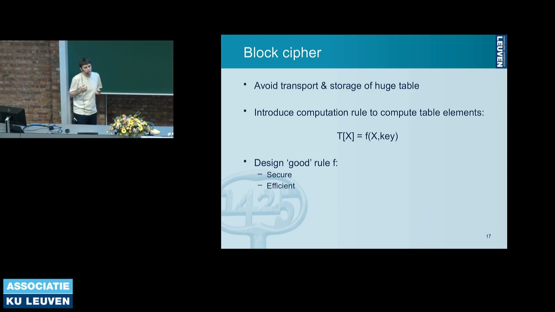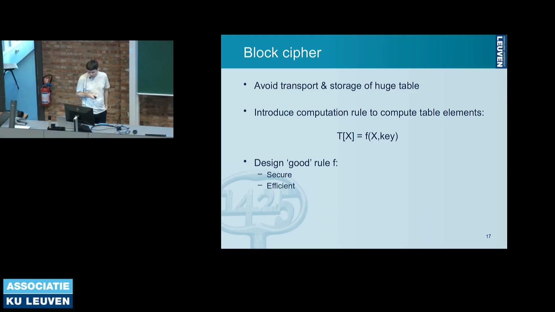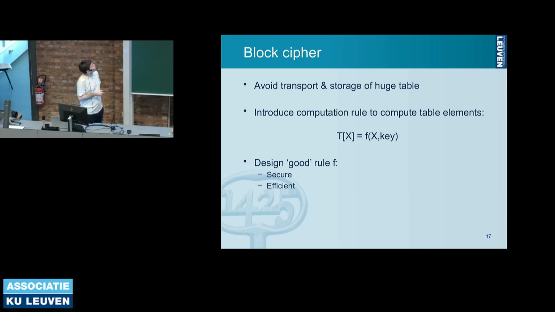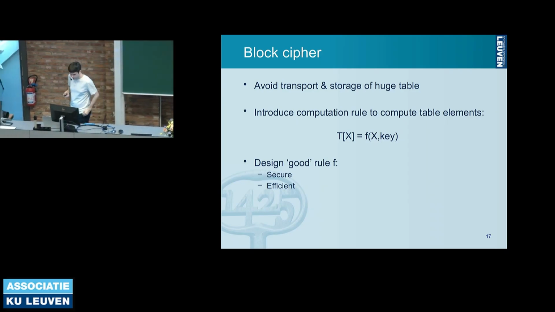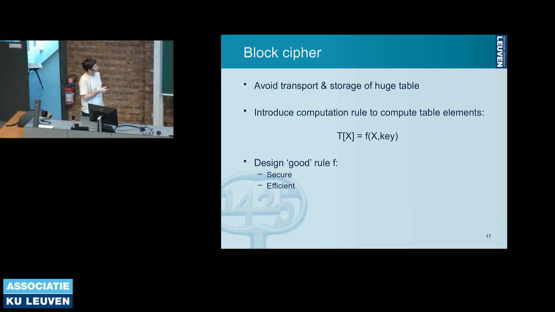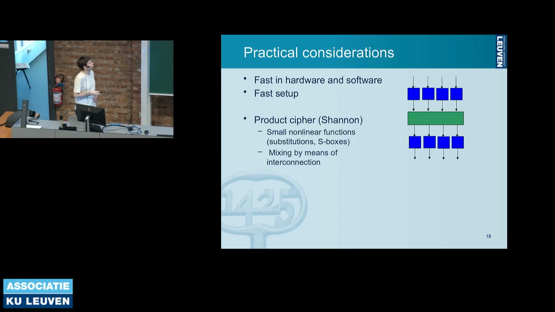So now we only need to store a short key. That's much more practical. But of course, this only works if your f is chosen so that the table that you generate actually looks like a more or less random table. Otherwise, you again run into problems. And so this f is what we call a block cipher. So it's an algorithmic version of a code book.